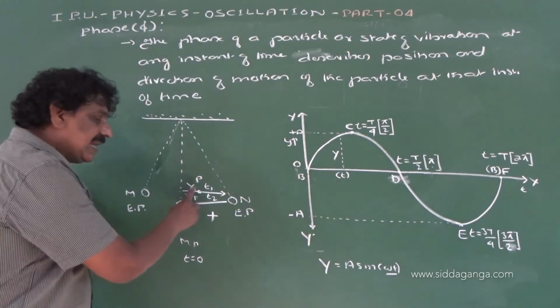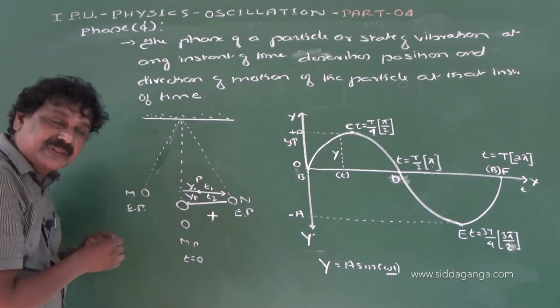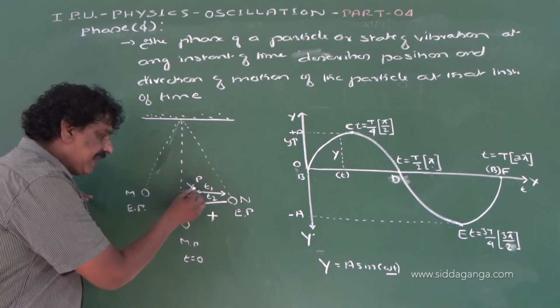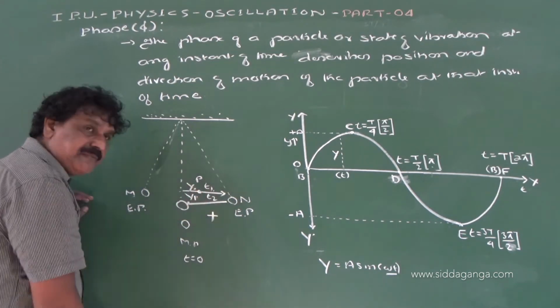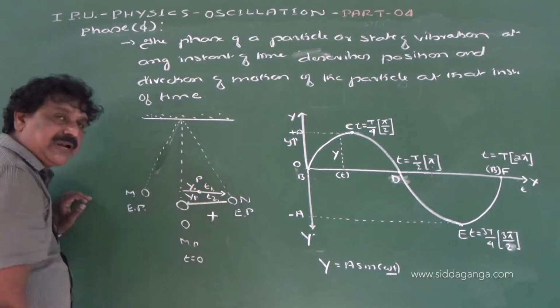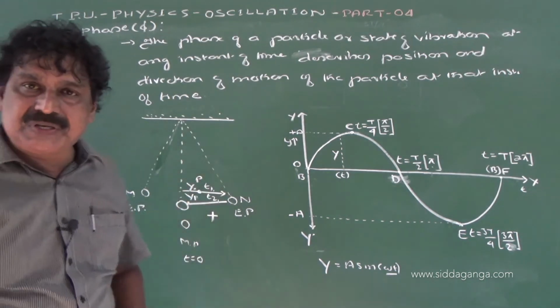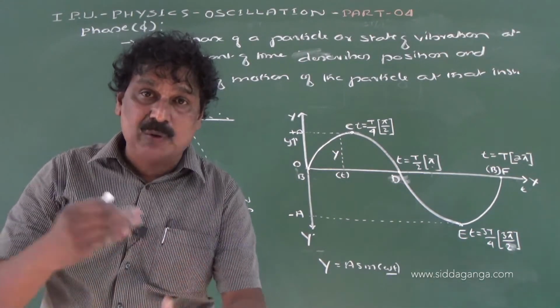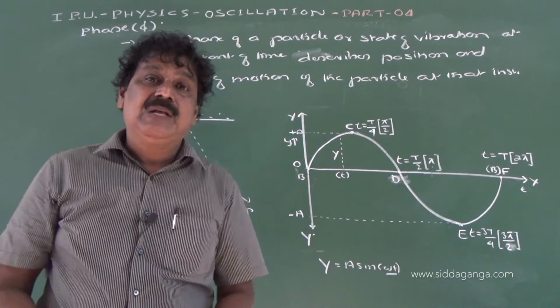So the position is y1 here. Both are the same position from the mean position, but at two different instants of time.